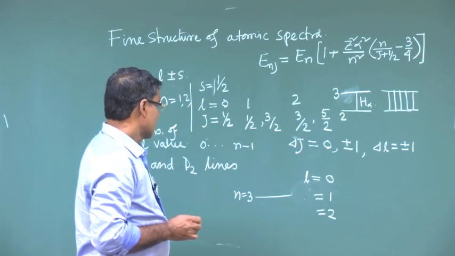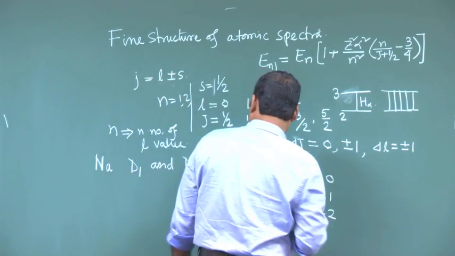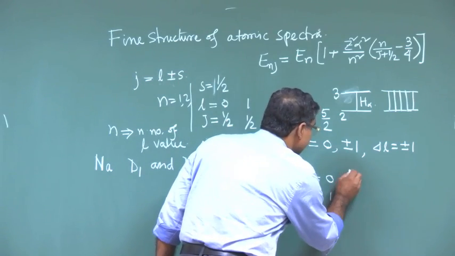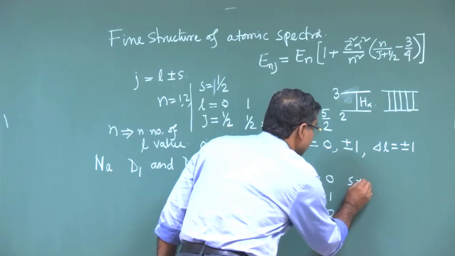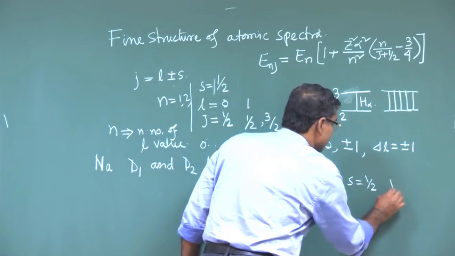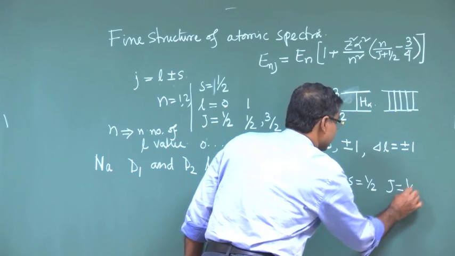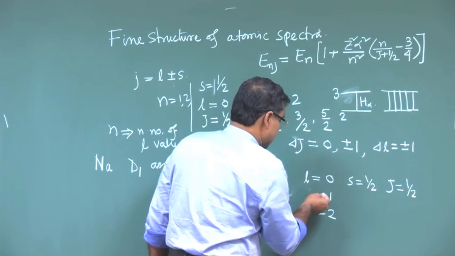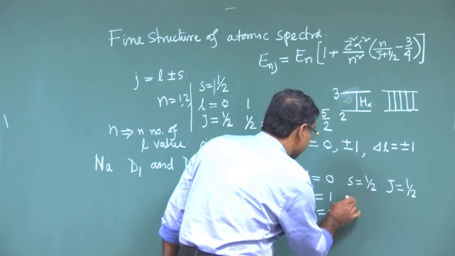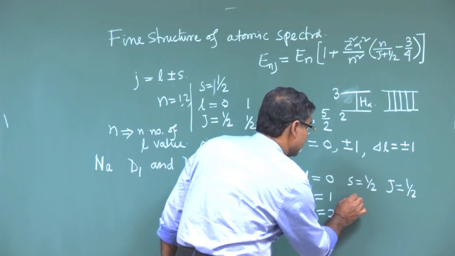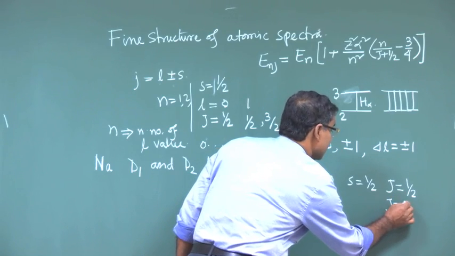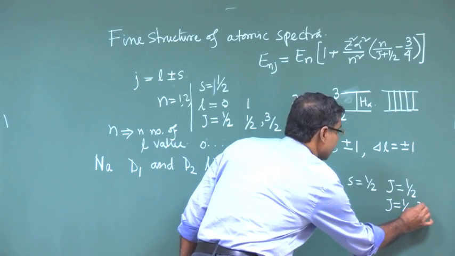And S is half, as there is 1 electron in the outermost shell. So, J will be half for L equal to 0. For L equal to 1, J will be half and 3 by 2.